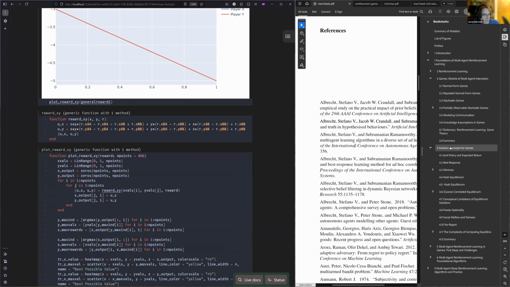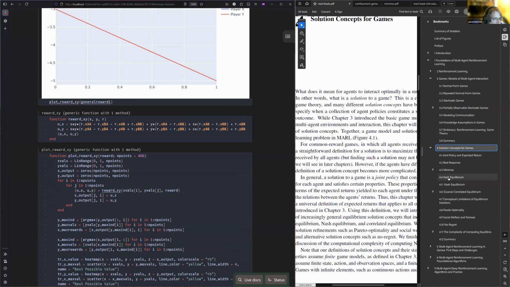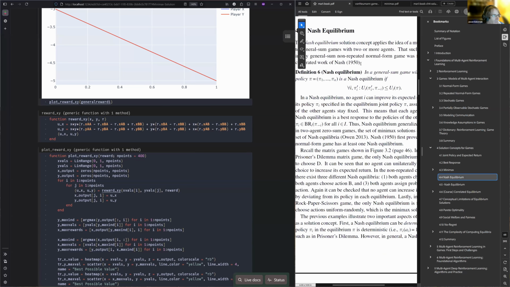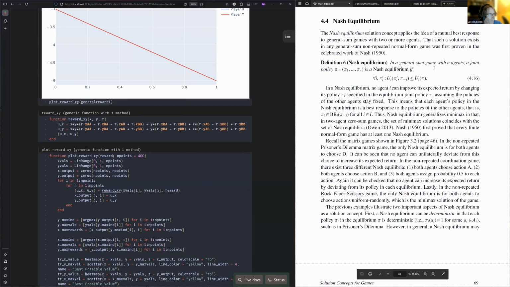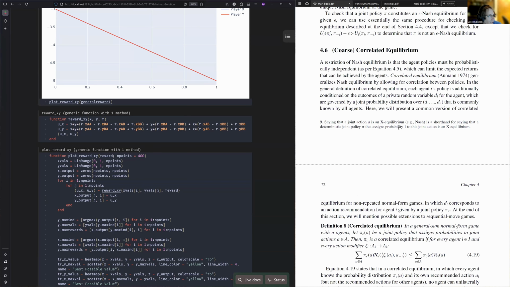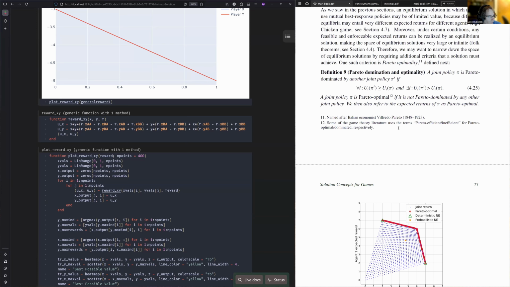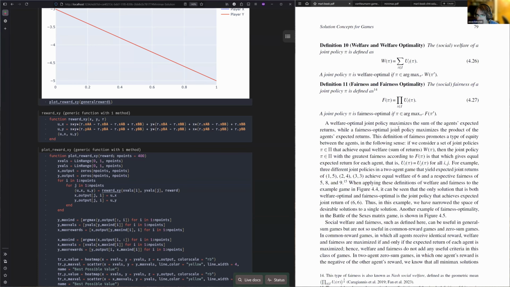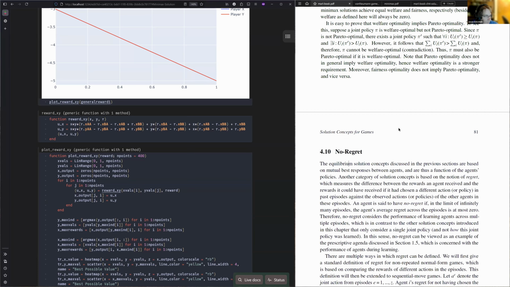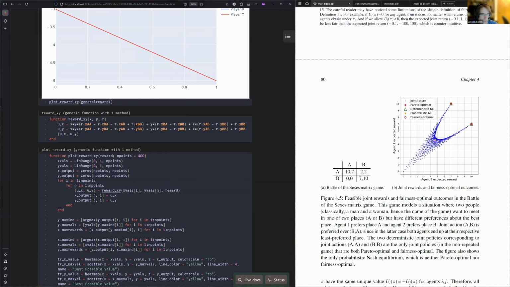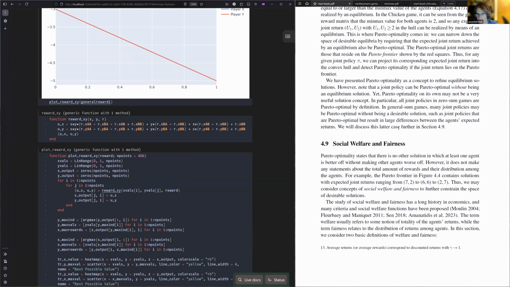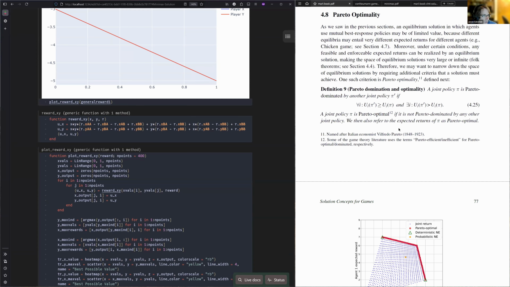So for next time, we will try to go through probably to the end of chapter 4 and just talk about the different types of equilibrium concepts for games and what the differences between them are, without actually solving them in this much detail. Because basically from this point on, the solutions become things that we can't just write down analytically. We have to use some of these other optimization techniques like linear programming.